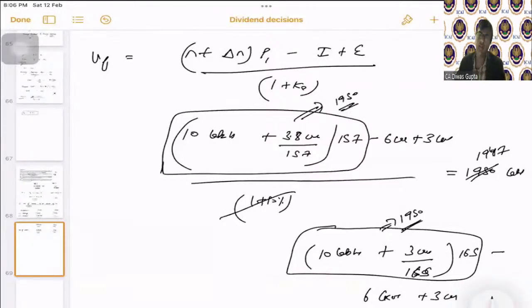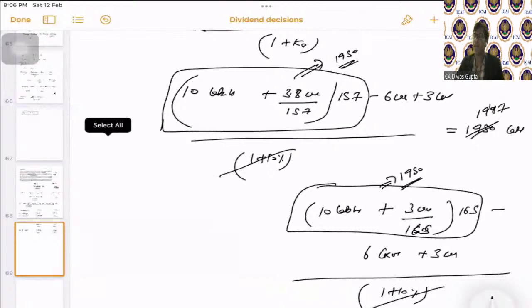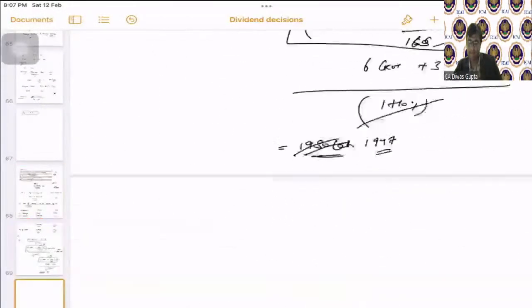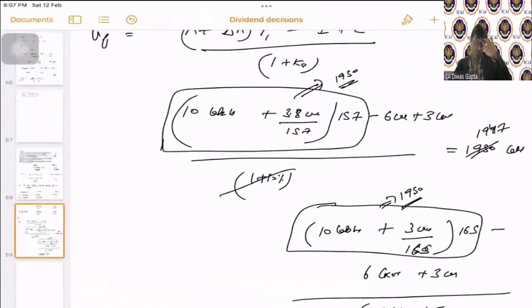This one is also 1950. Okay, students? Yes, Vidya, you are right. 1950 lakhs. So the market value is this much.